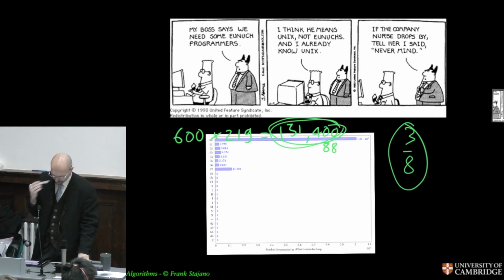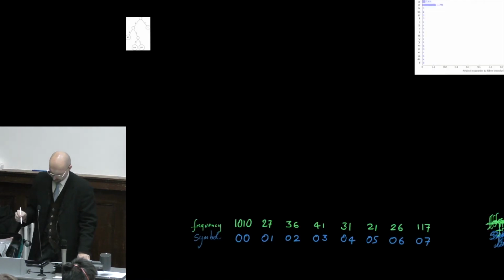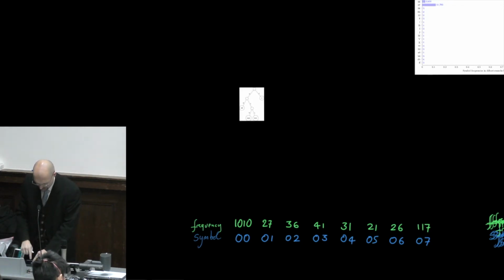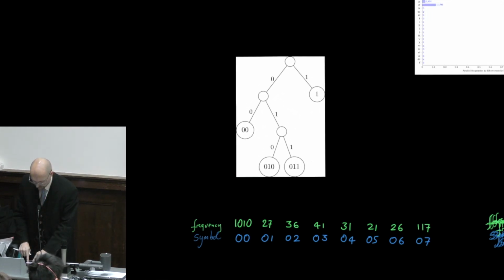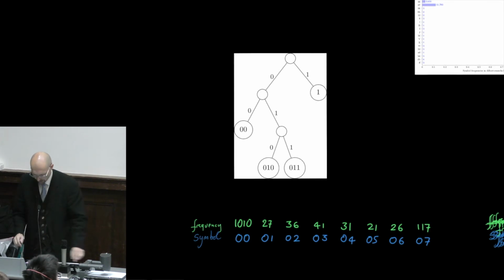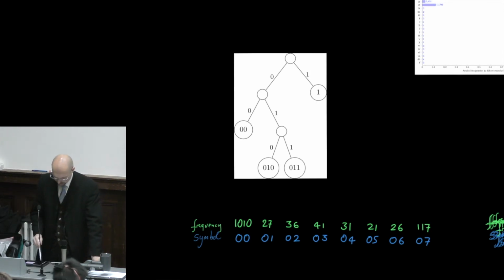How do you build a prefix code? If you think about it, a prefix code is what you get when you have a tree like this one, where every node is either the parent of 2 children or the parent of no children. So this node is a parent of 2 children, it's a parent of 2 children, this one is the parent of no children.